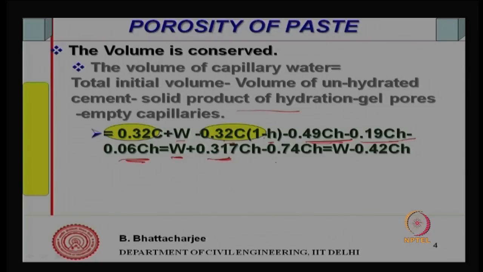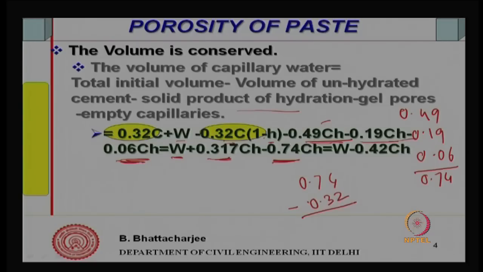So, this remains as 0.32 CH, rounded off, and 0.49, 0.19 and 0.06 sum up to 0.74 CH. Then 0.74 minus 0.32 is simply 0.42.